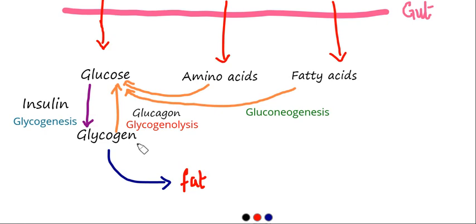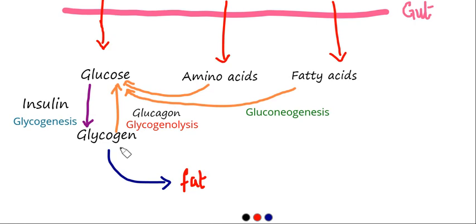Now this glycogen is stored in our liver cells and also in our muscle cells. And when excess glycogen is present, it gets converted into fat. That's why we say that if we eat too much, we become fat. There is always some amount of glycogen in our liver cells and muscle cells.